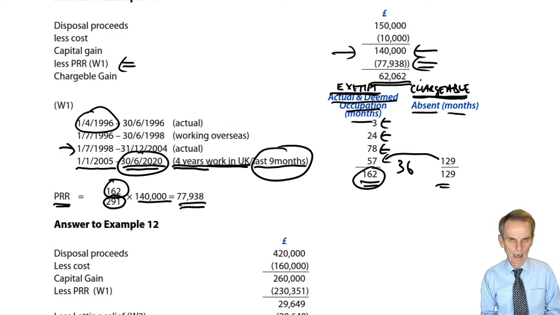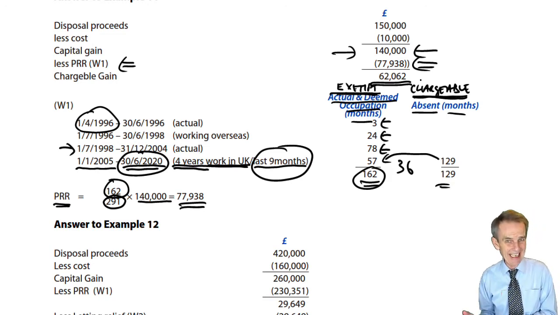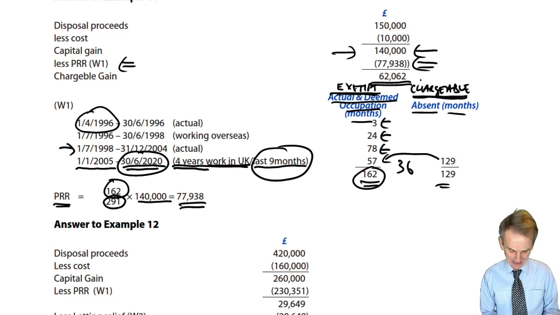If we were told that was the only disposal made in the tax year, and we then had to compute the CGT thereon, then what we would know is that we'd have an AEA to go against that gain. The remaining taxable gain would be entirely in relation to residential property, and therefore would face the higher CGT rates.